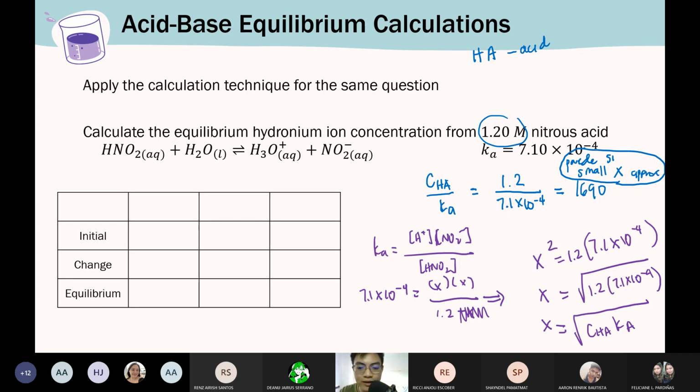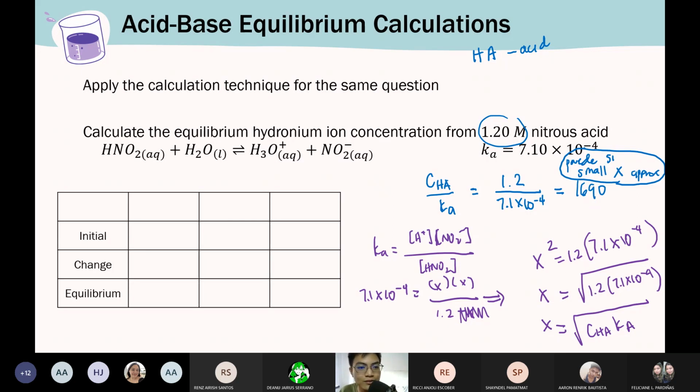So, instead na mag-quadratic ka, para makuha mo yung x mo, kunin mo na lang square root ni tsaka. What's tsaka? Concentration ng acid times its Ka. Okay? So if you do that, we will end up with the same answer as what we solved earlier. Okay? Let me show you.